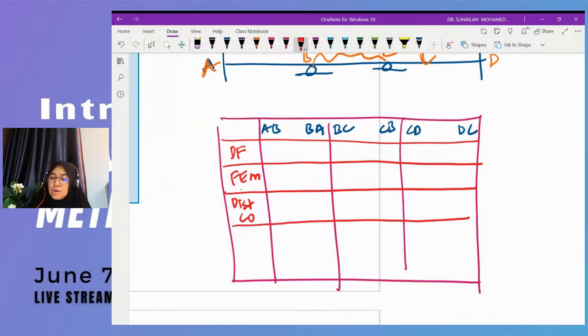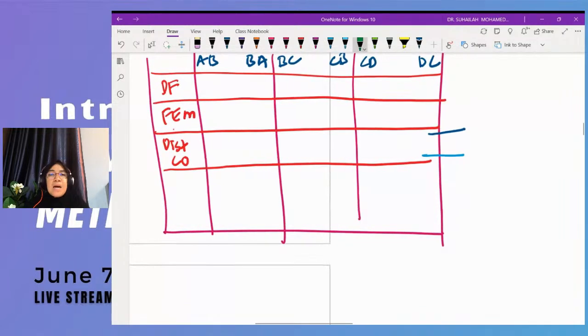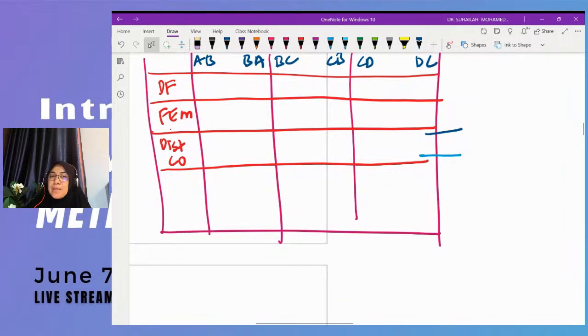Under the distribution step, this one, and another one is the carry over step. We will distribute joint moment. So always remember, at the row distribution in the table, we will distribute joint moment.